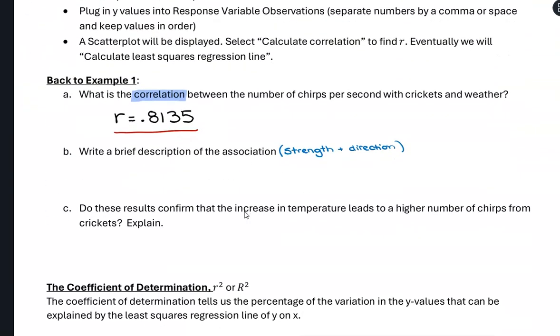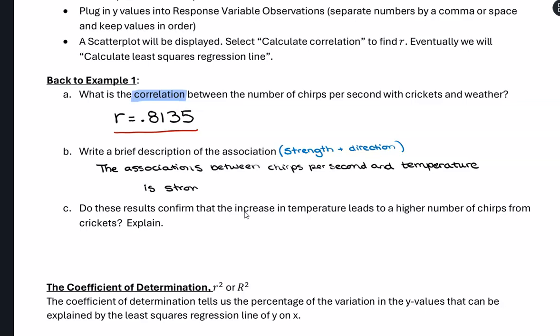So I want to make a sentence describing that. So let's go with the association between chirps per second and temperature is strong and increasing.